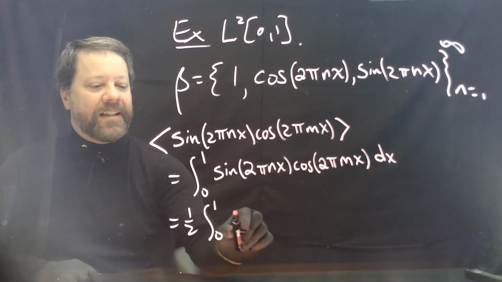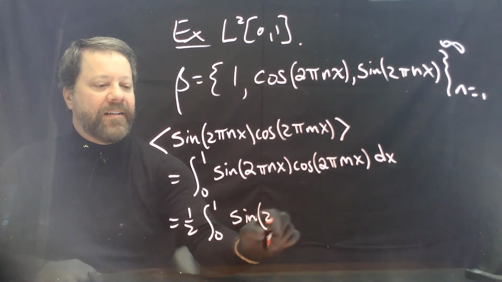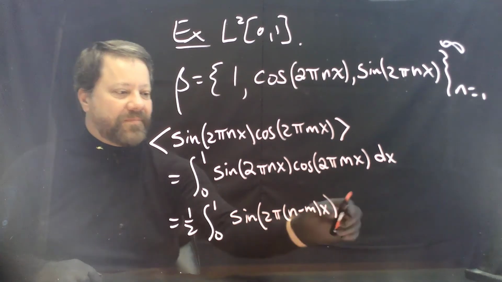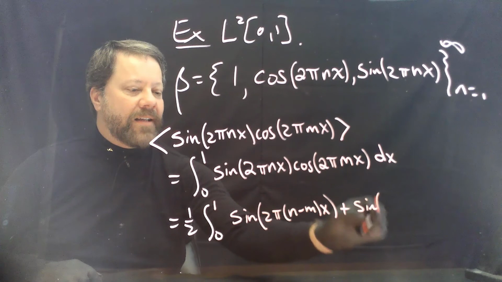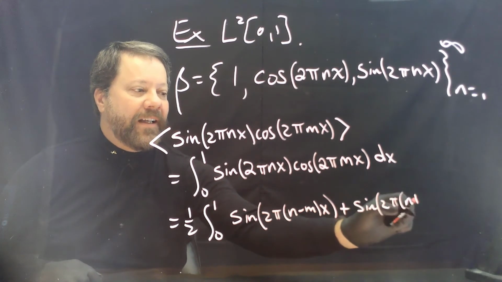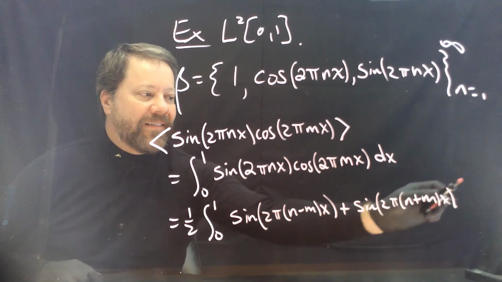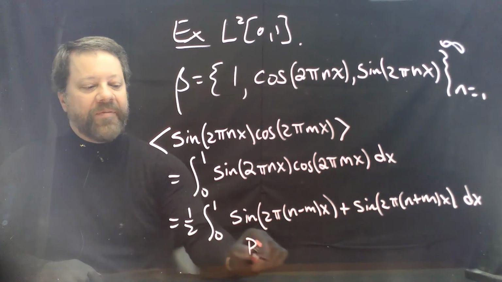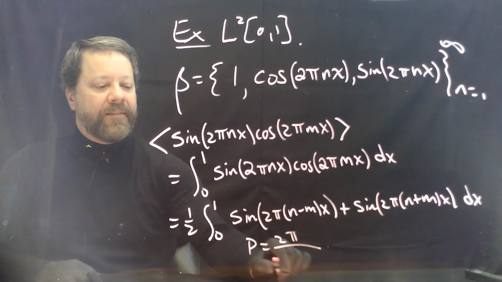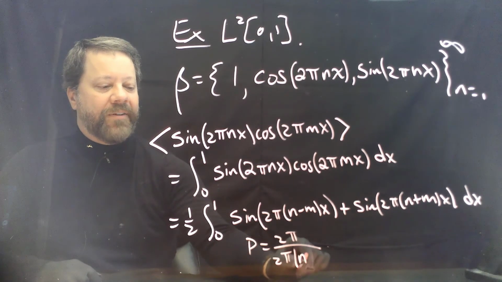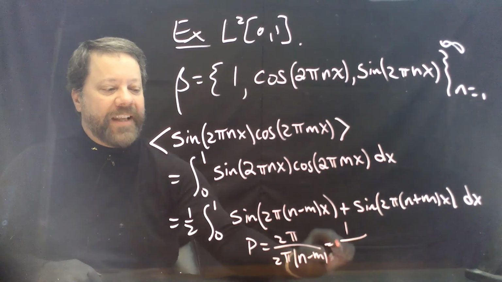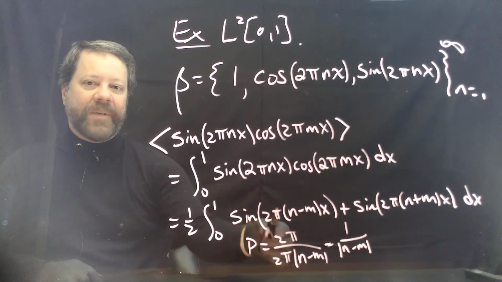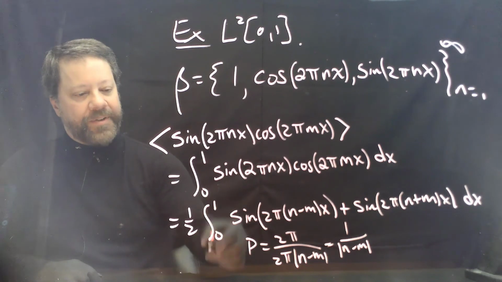You can see that we'll get the sine of 2 pi n minus m x, and the sine of 2 pi n plus m x. And once again, the period here, with the absolute value of n minus m, you get 1 over the absolute value of n minus m for the period, which means that we get an integer number of periods on the interval 0 to 1.